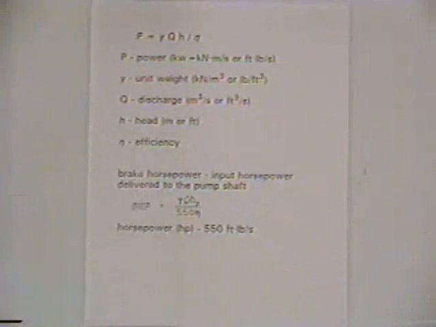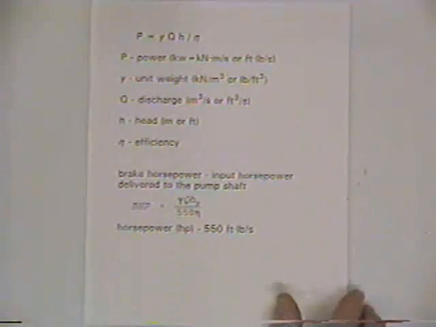We've got the head, the difference in energy head upstream and downstream of the pump in meters, and then we've got an efficiency relating electrical to hydraulic power. In the English system, we add a little oddity in that people like the term horsepower or brake horsepower, and so same equation except you plug in a 550, and the 550 is a conversion factor. It's 550 foot-pounds per second is equal to a horsepower.